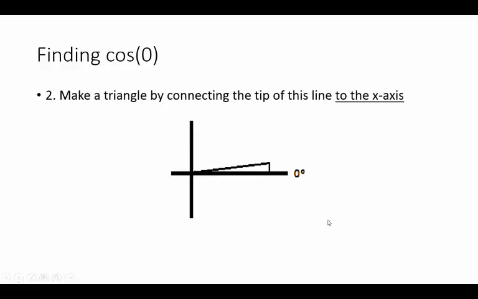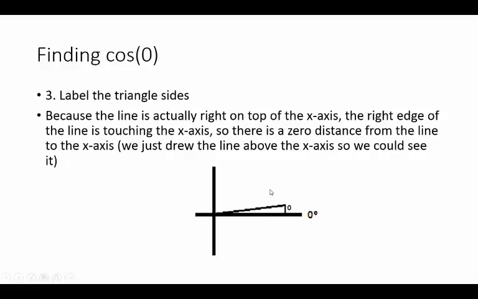Next, we will make our triangle by connecting the tip of our line to the x-axis. Now, because the tip of this line is exactly on the x-axis, there's a 0 distance between the tip of it and the x-axis. This will be part of our labeling of sides.